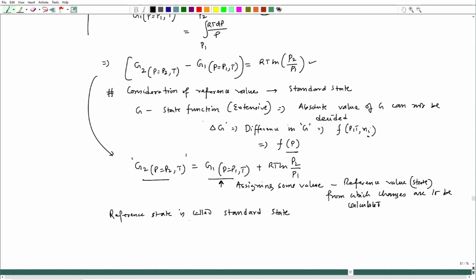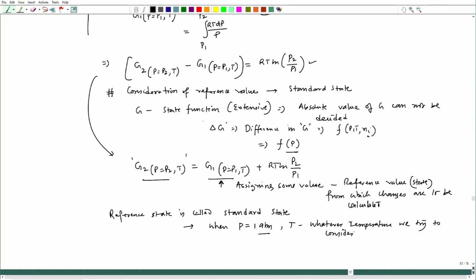and it is basically when pressure equals 1 atmosphere and temperature, whatever temperature we try to consider.